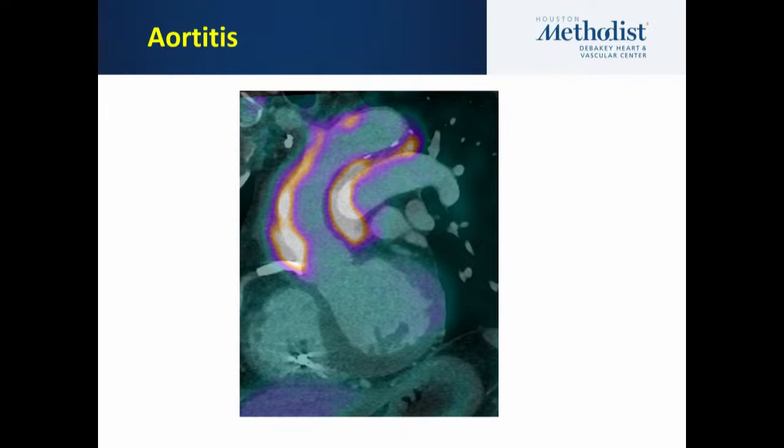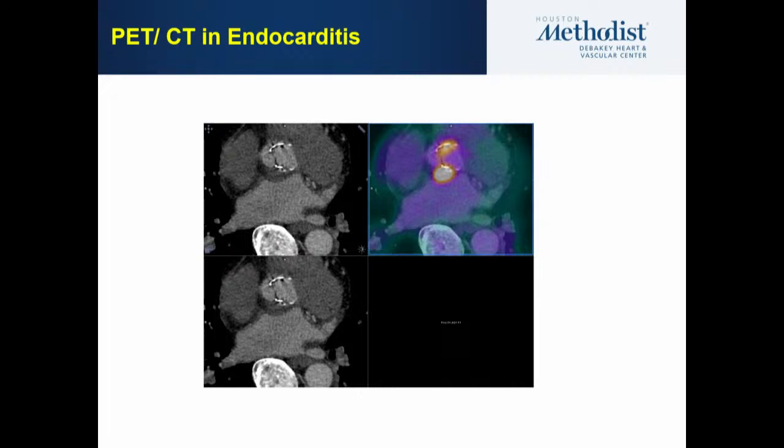You can see the amount of inflammation here, and it helps because on anatomic imaging you're not going to be sure whether this inflammation is active or not. You see thickened wall, you see calcification, but you cannot tell for sure the activity.